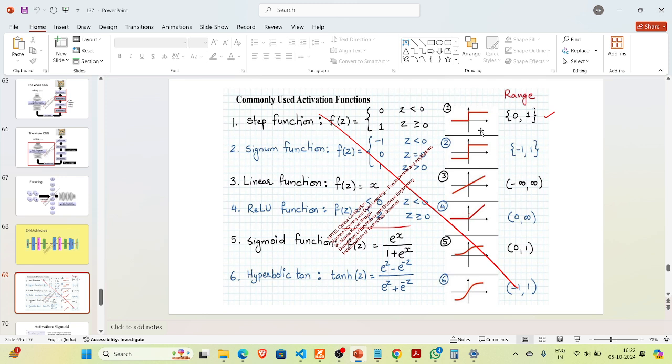These are the types of activation functions that can be used: the step function, the signum function, linear function, ReLU function, sigmoid function, hyperbolic tan.